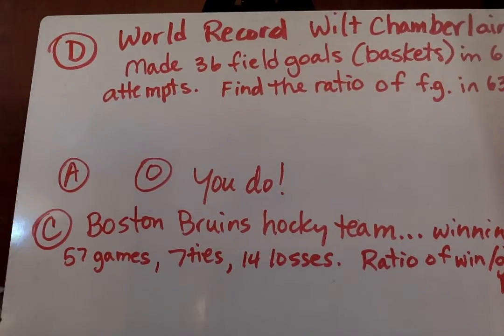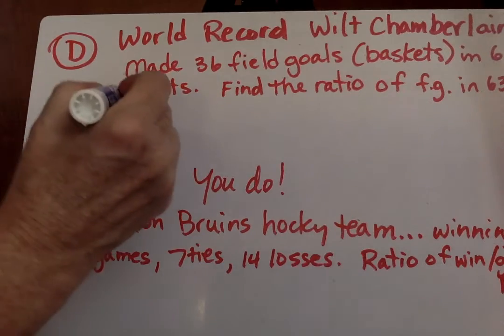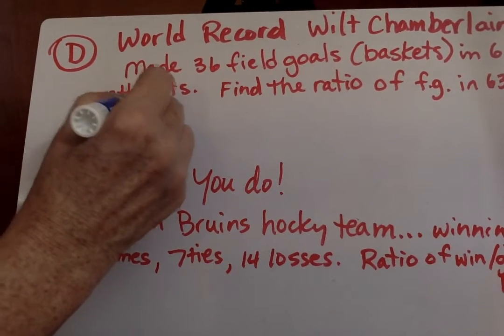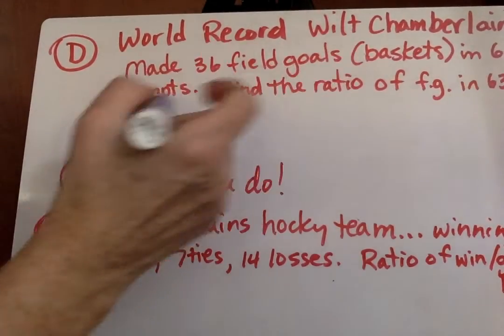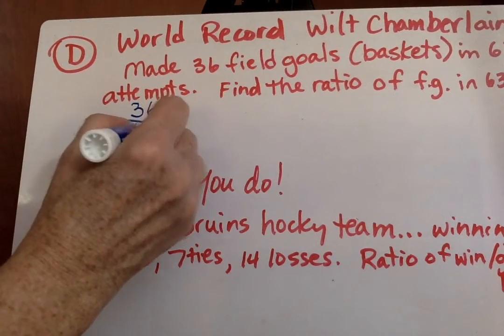Okay, next I'll go ahead and do a couple of story problems here. World record, Wilt Chamberlain scored 100 points in a single basketball game on March 2nd, 1962. In that game, he made 36 field goals or baskets in 63 attempts. Find the ratio of field goals to attempts. So he made 36 field goals in 63 attempts.